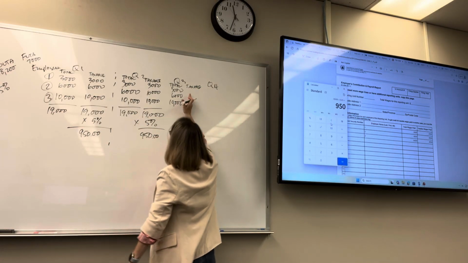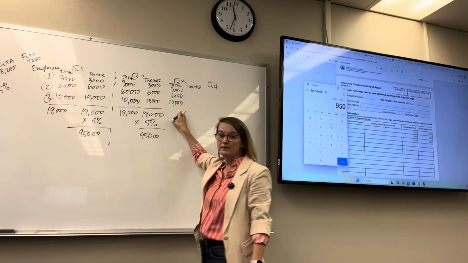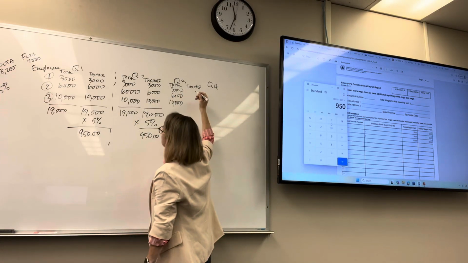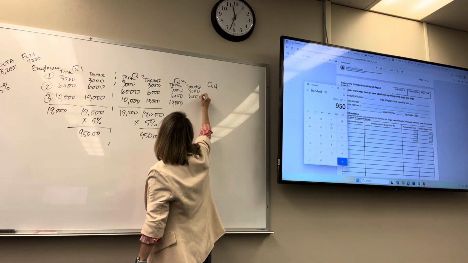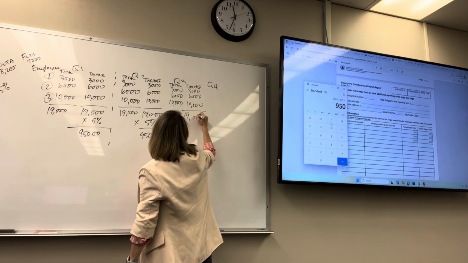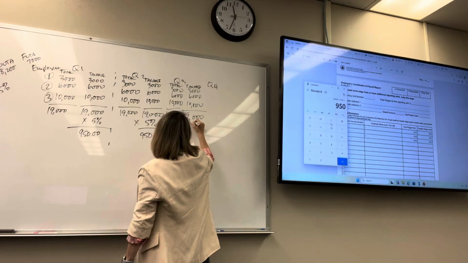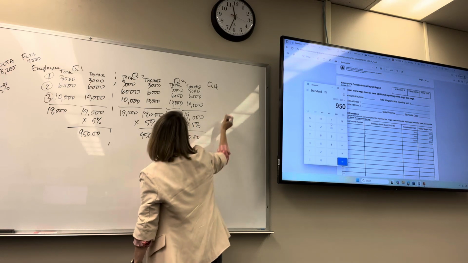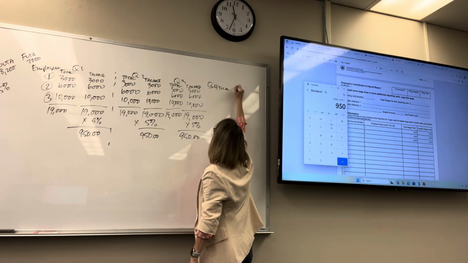So all of it, and even employee number 3 has only earned $30,000, which again is still under that $38,200. So same amount for the third quarter. So $950.